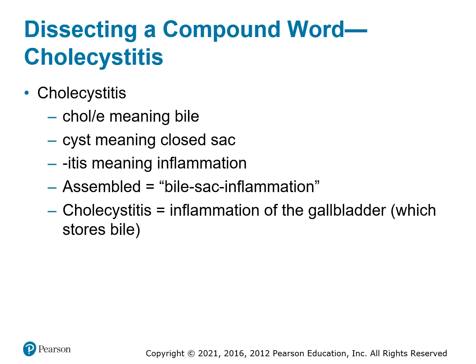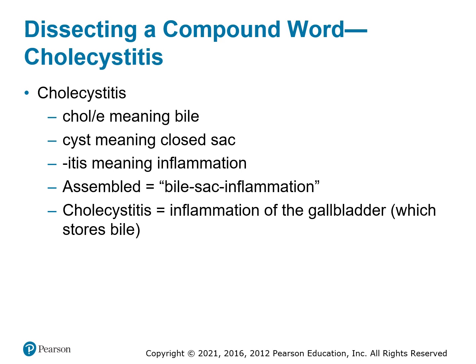And here they're just going to dissect a compound word. So cholecystitis, if you break it down: chole meaning bile, and when you think of bile, it's coming from the gallbladder. Cyst is just a closed sac. When you add it to a compound word, it can have its own meaning, but people also just have cysts that develop in their body.